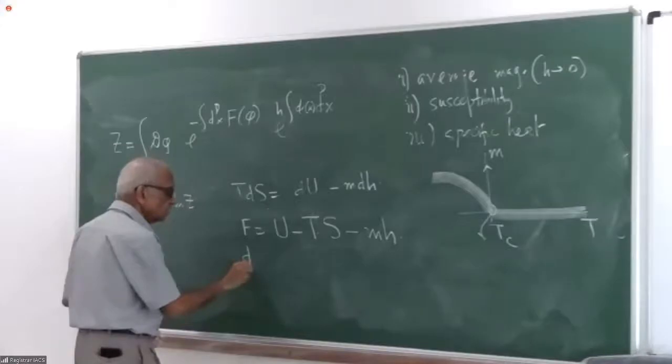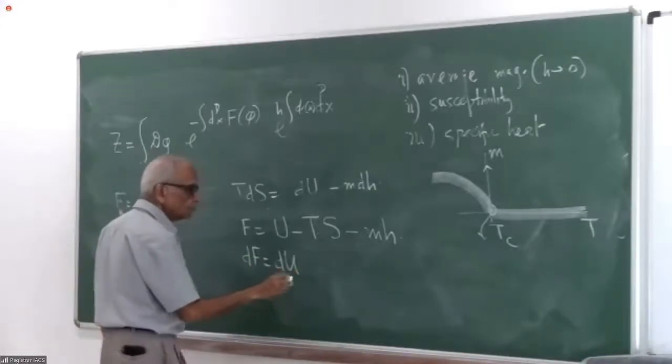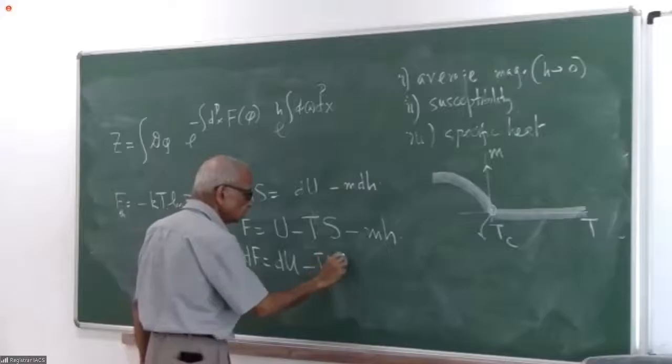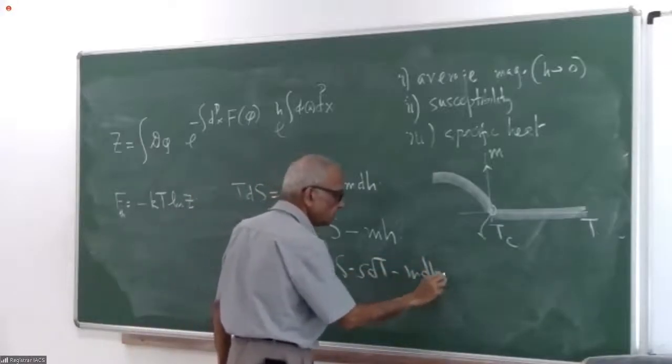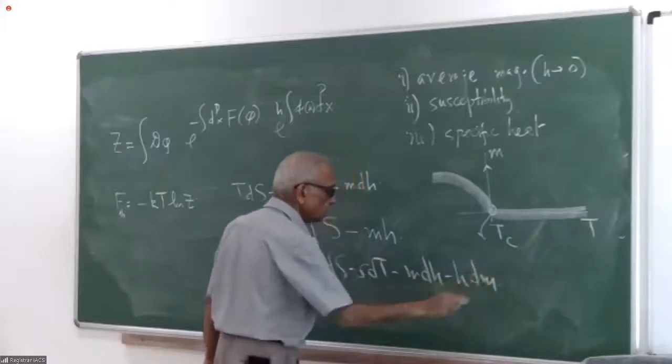dF is equal to dU minus TdS minus SdT minus MdH minus HdM.